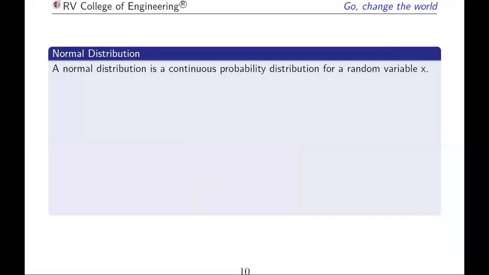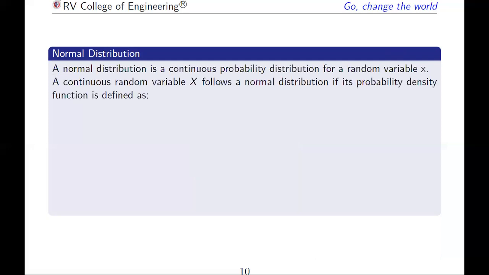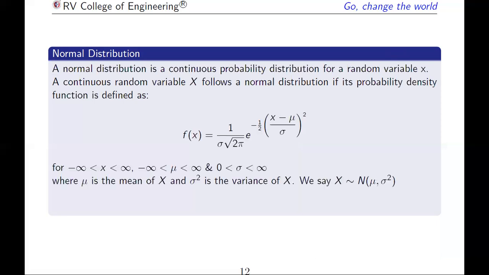Now let us see this normal distribution. A normal distribution is a continuous probability distribution for a random variable x. A continuous random variable x follows a normal distribution if its probability density function is defined as follows. We observe that x and mu take all values on the real line, and sigma is greater than 0, where mu is the mean and sigma square is the variance.